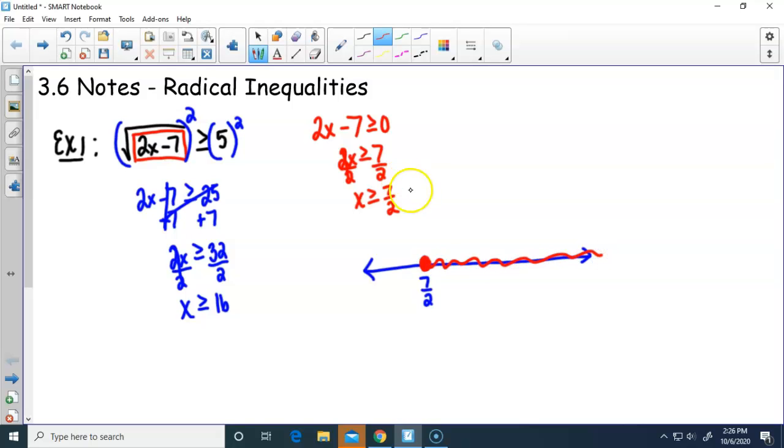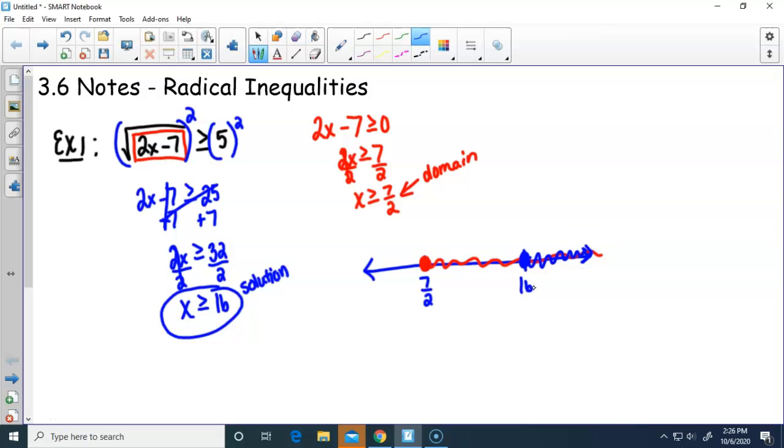Okay, so this is the domain. And then we also need to look at our solution. And so our solution, we got 16 here, and we're looking at numbers 16 and above.